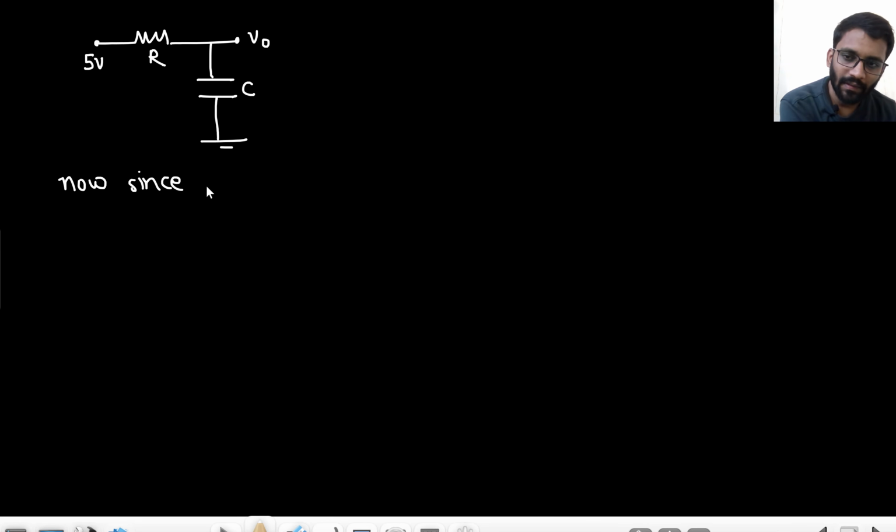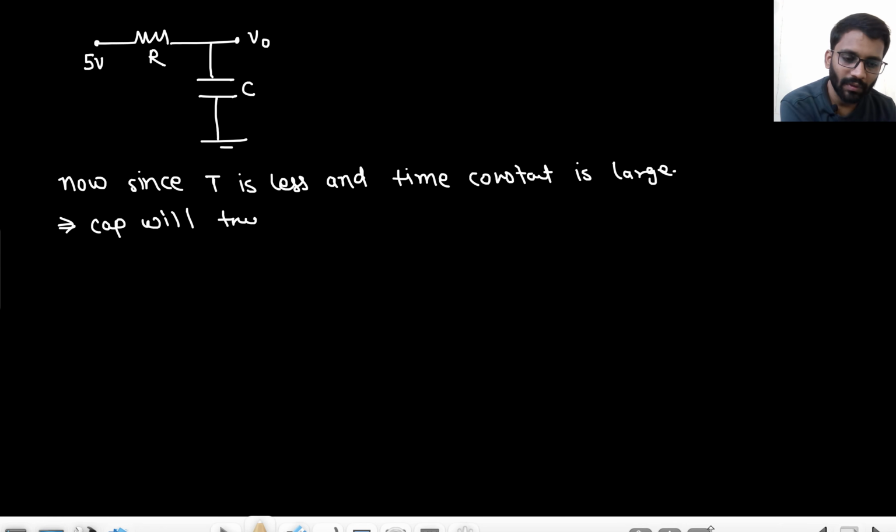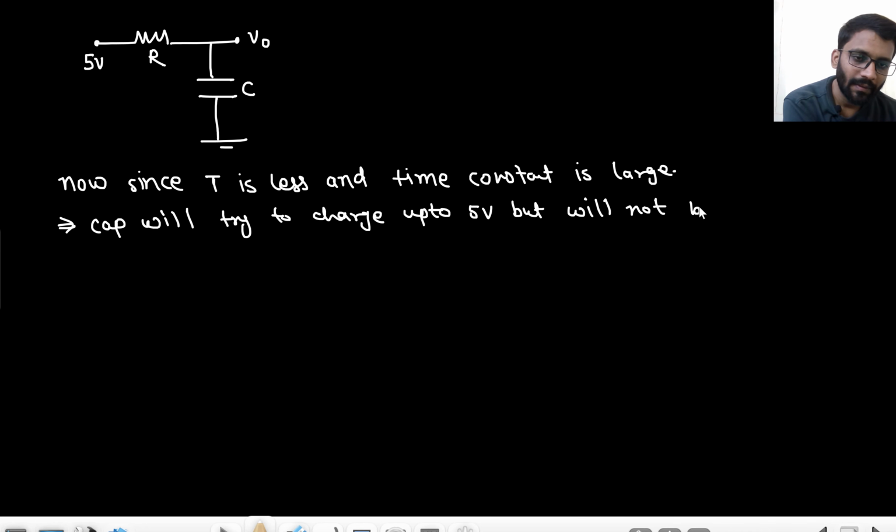Since T is less and the time constant is large, the capacitor will try to charge up to 5 volt, but will not be able to reach there.